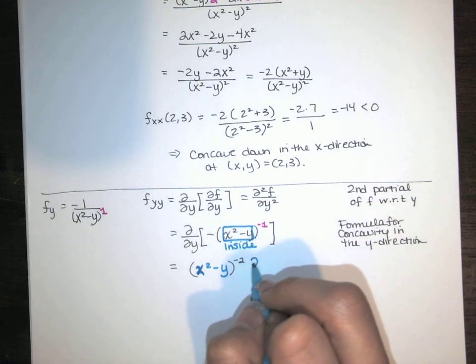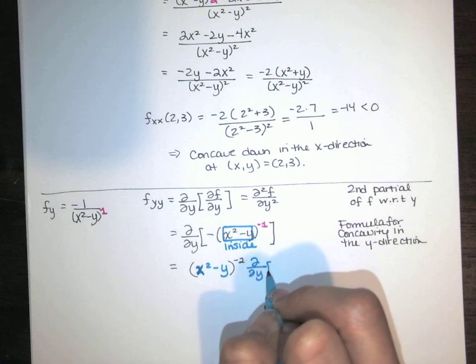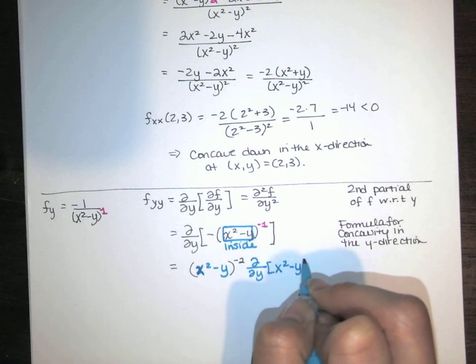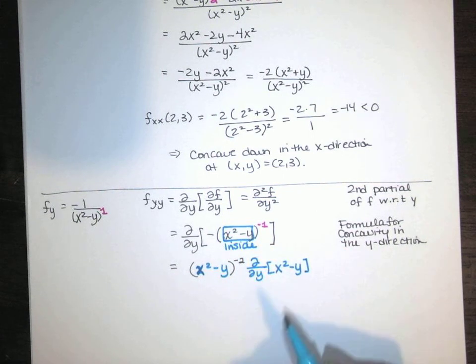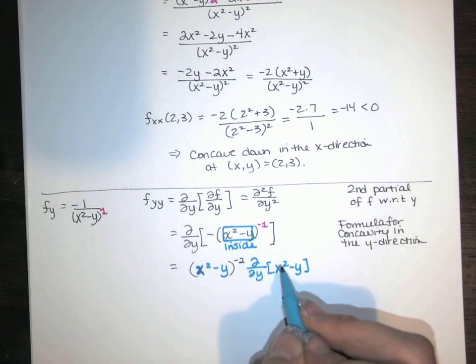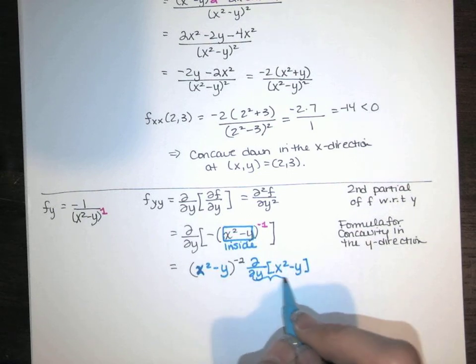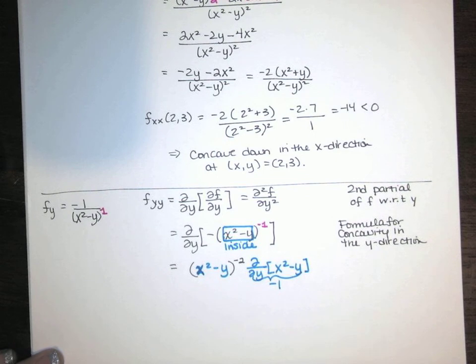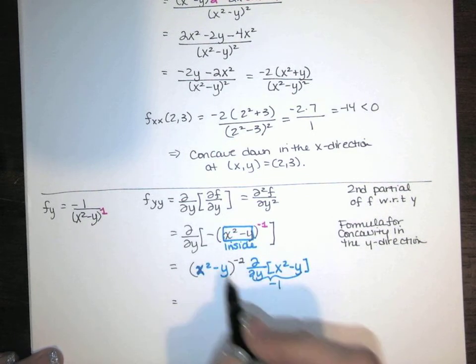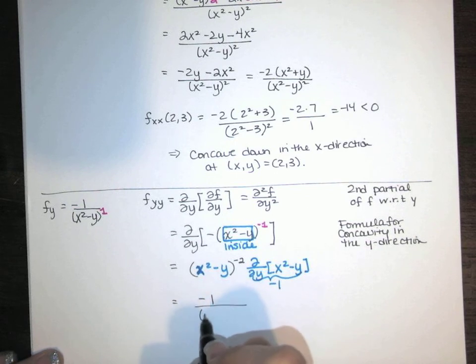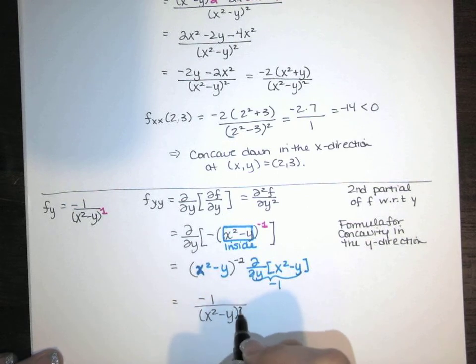And then we multiply by the derivative of the inside with respect to y, treating x as a constant, by the chain rule. There are no y's here, so the derivative of this is 0. The derivative of negative y with respect to y is just negative 1. So we end up with negative 1 times this quantity, or I think it's still easier to rewrite it this way.